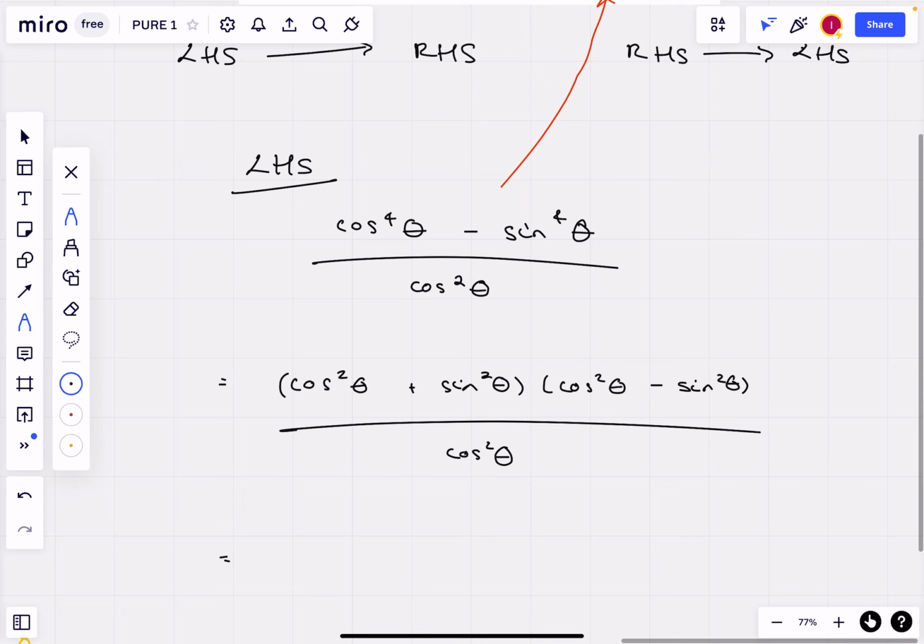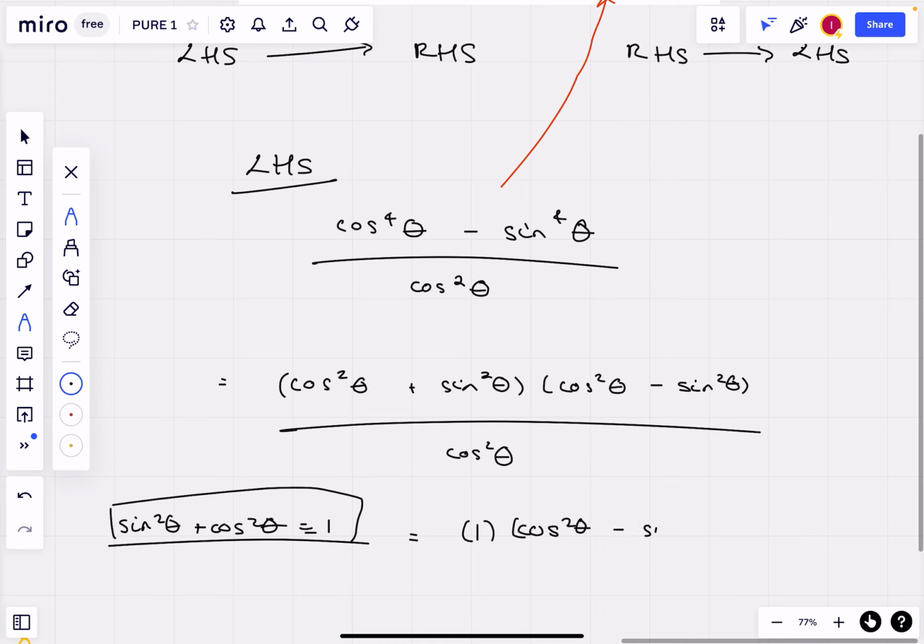So making use of sine squared theta plus cos squared theta equals 1, you get 1 times cos squared minus sine squared, all over cos squared, which is just going to be the same as that. In your working out, if you're going to use an identity, write the identity down. It's always helpful, and it could potentially be a method mark.